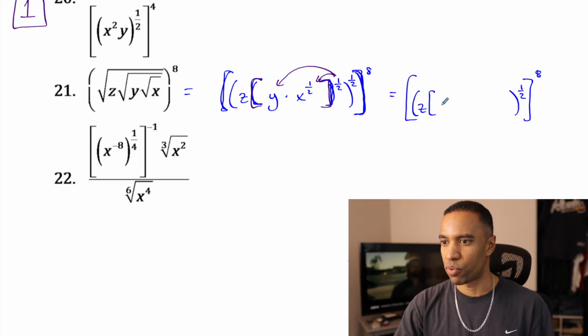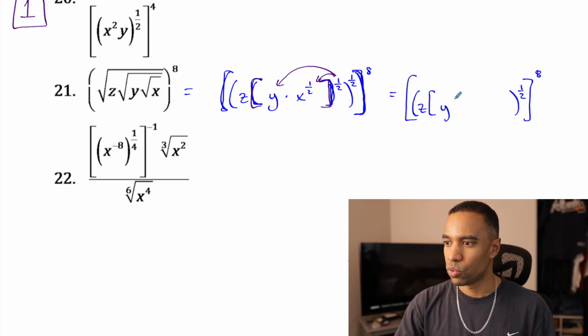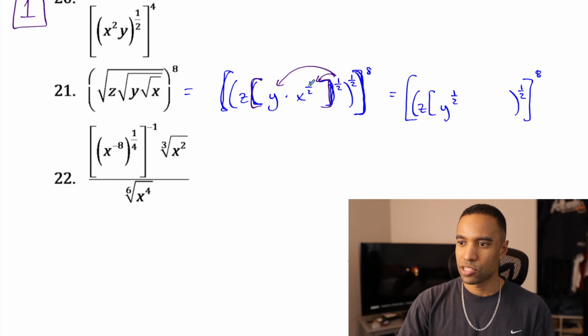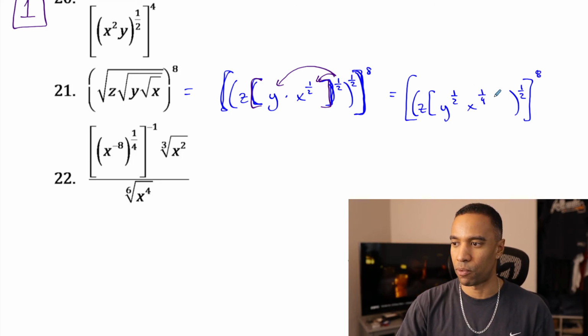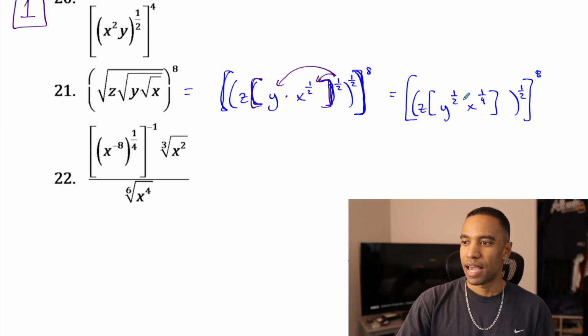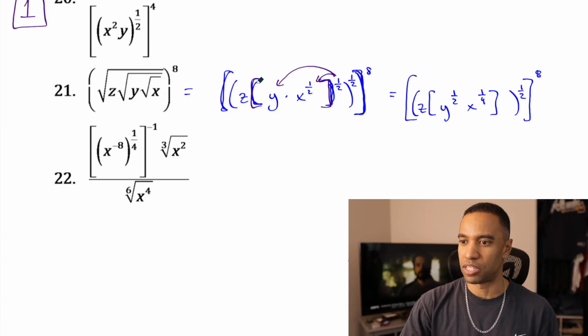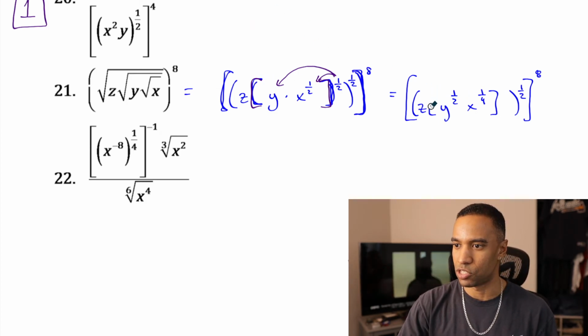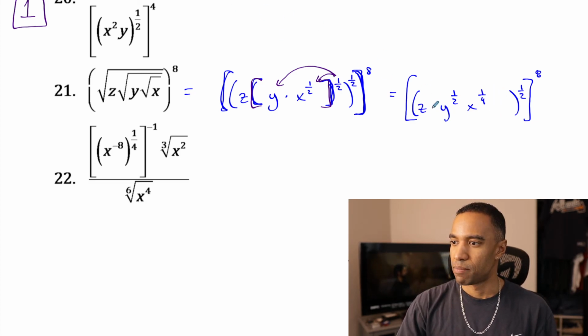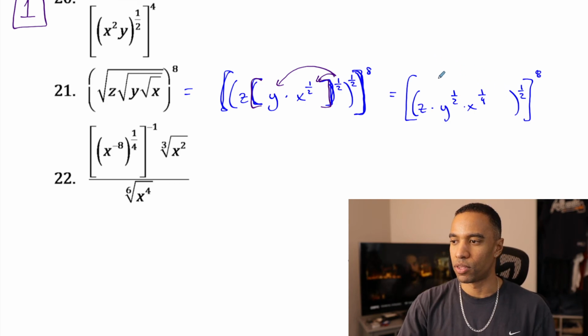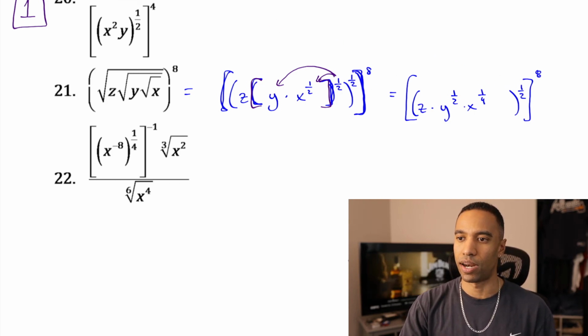I don't think this needs parentheses anymore, but y is to the 1/2 power, and x is 1/2 times 1/2, which is 1/4. So x is to the 1/4 power, like that. Yeah, this doesn't need parentheses anymore because now it's on the same level as the z that's raised to that 1/2 power. So this is z times y to the 1/2 times x to the 1/4, and all of that's being raised to this 1/2 power.